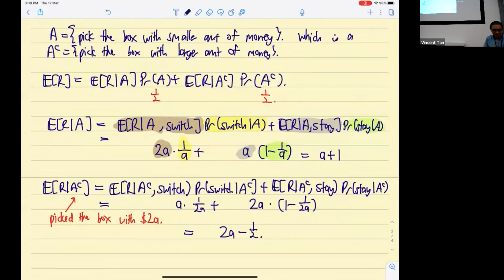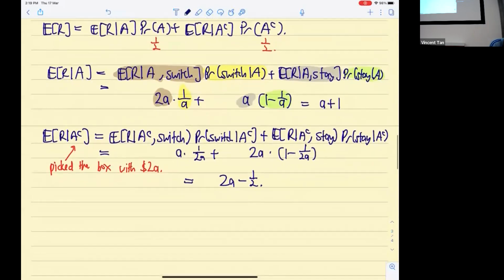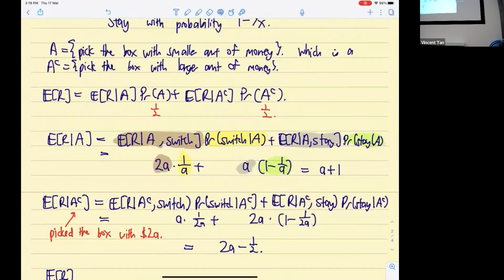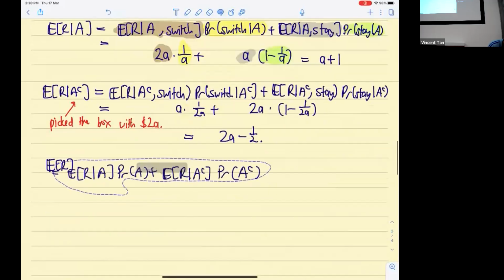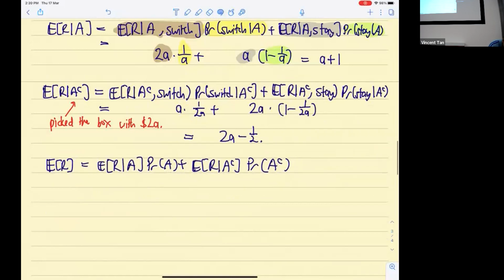Asymmetry is good. So the total expected reward from the law of total expectation, we just plug it in. Half plus 2A minus half times half, so 3A over 2.